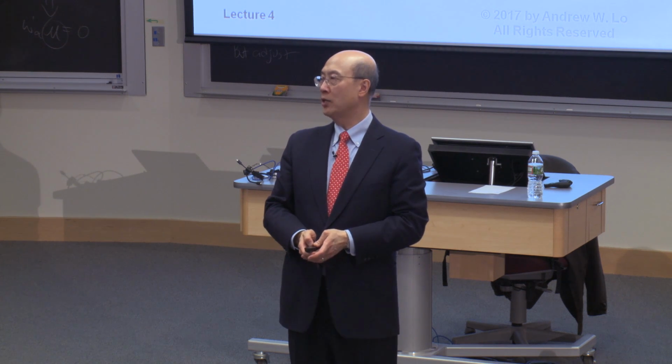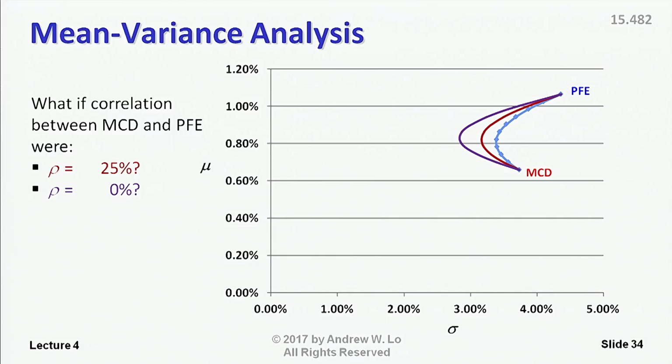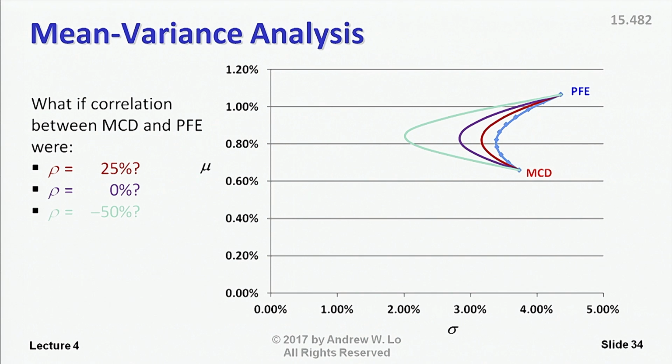Now, what if we make the correlation even smaller? Let's make it 0. Now, even better, right? What if we made the correlation negative between Pfizer and McDonald's? Well, if it was negative, you do even better still. What if we made the correlation minus 100%? They're perfectly negatively correlated. What do you think would happen then?